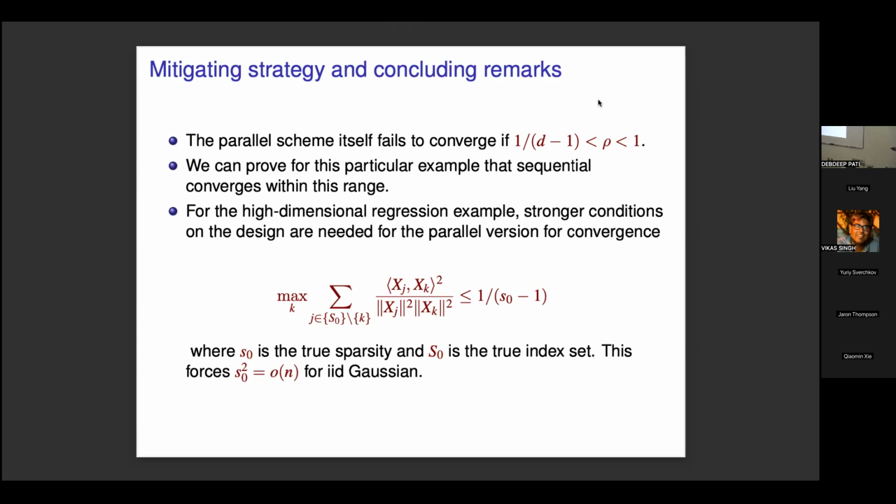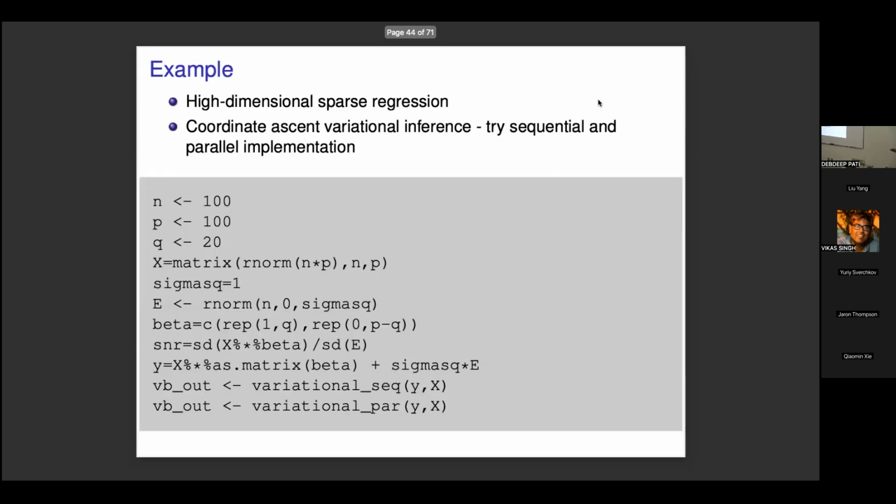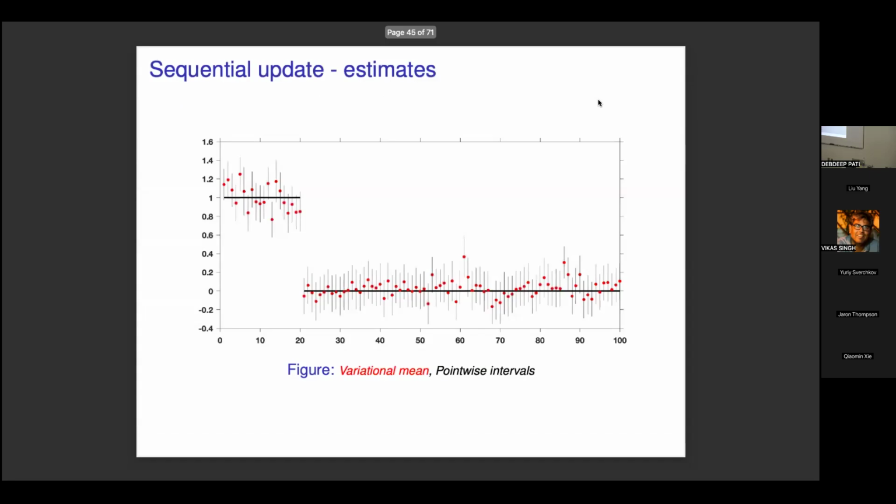And if you go back to the example, we need sparsity squared to be small o of the sample size, which is not met here, right? And that's the reason the parallel version will not converge. For the sequential version under IID design, you don't really need any condition. There are very less restrictive conditions for the sequential version of the algorithm to converge.